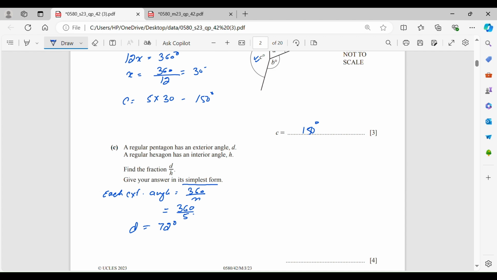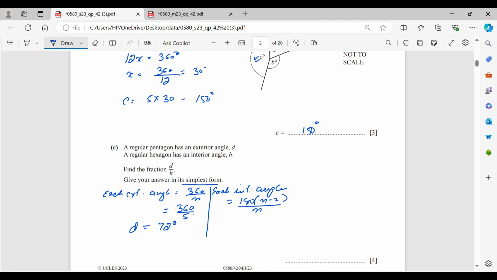Now each interior angle will be equal to 180 bracket n minus 2 divided by n.